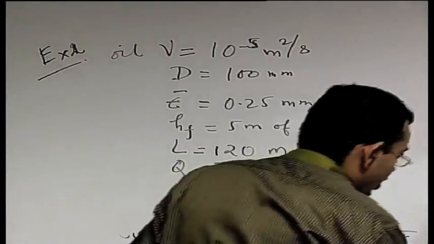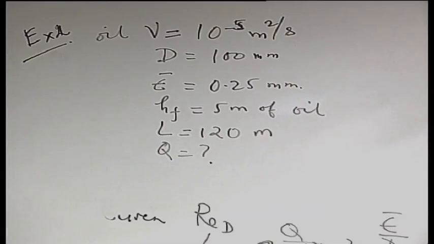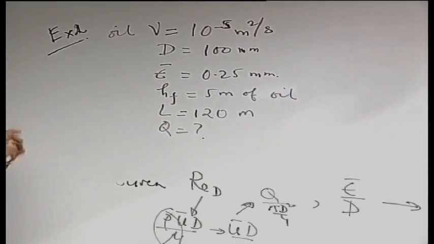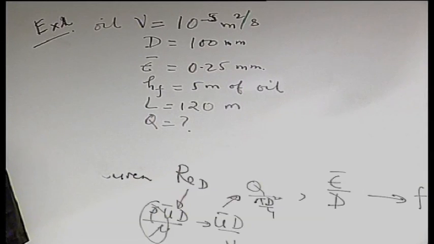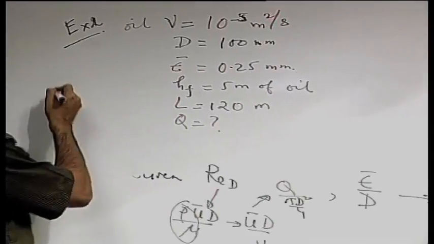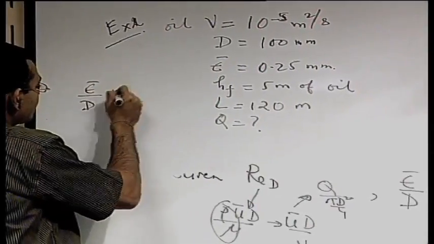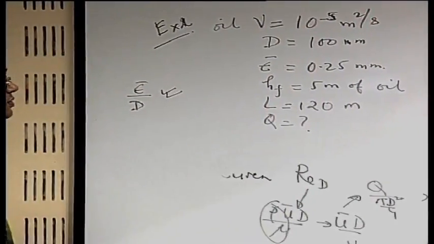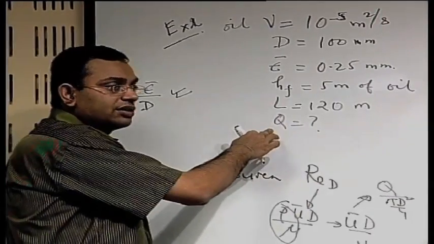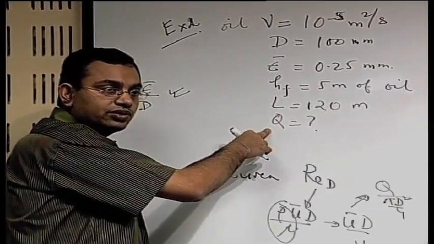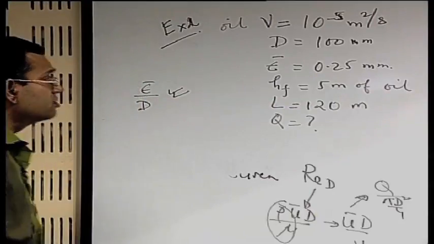So we have to again work out a strategy for this. See what are the things that we know. First we have to figure out whether whatever information is there with us is sufficient to read from the Moody's diagram the relationship between friction factor, Reynolds number and epsilon by d. One thing is we know epsilon by d, that is given. Then you do not know the flow velocity because you do not know the flow rate, so you do not know the Reynolds number.